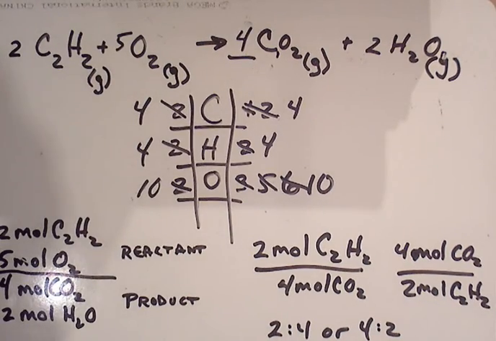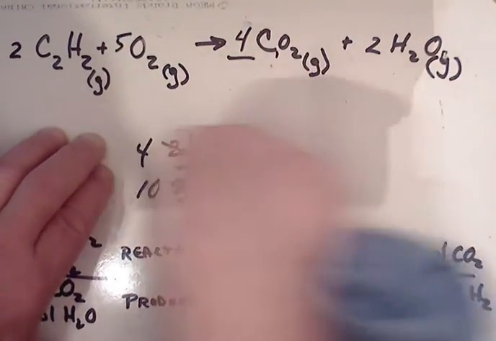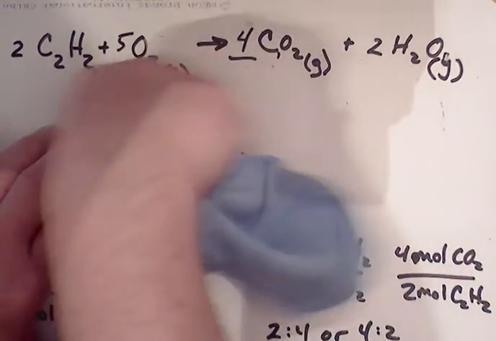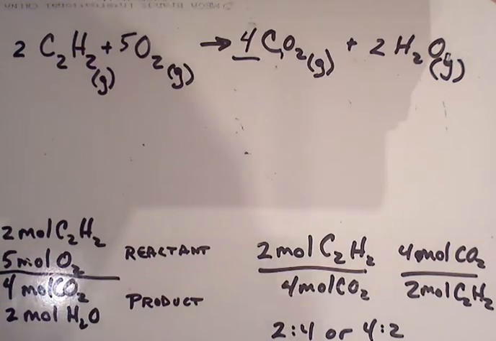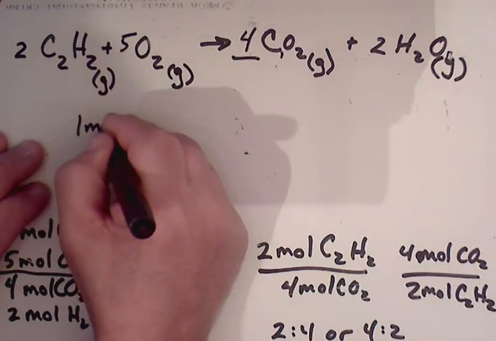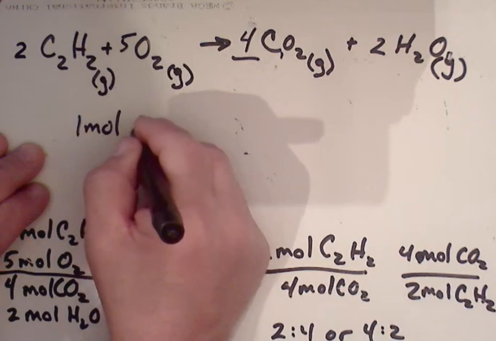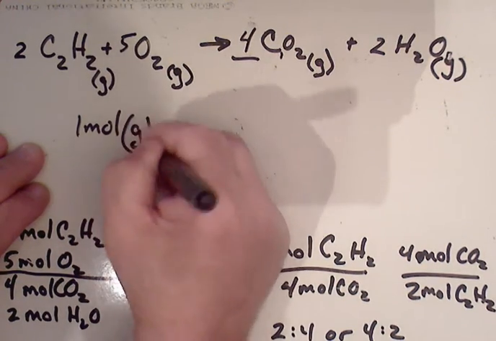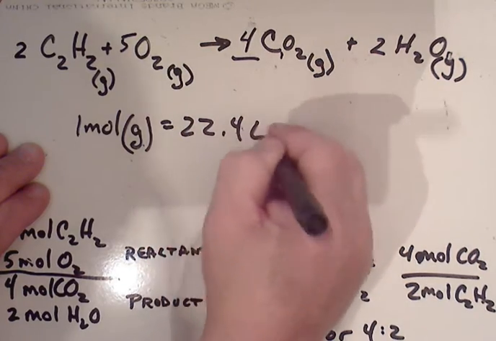So to figure out how much volume using these, I'm going to erase our balancing grid. And our balancing grid is now gone. And so what we can do is, 1 mole of any gas is equal to 22.4 liters.